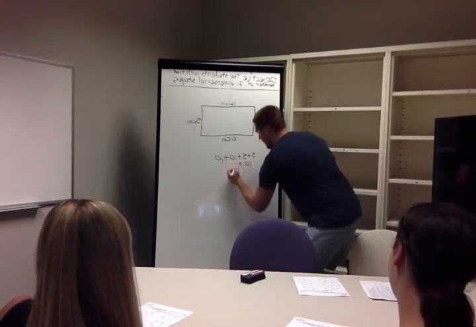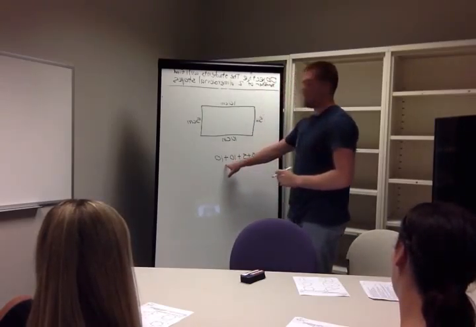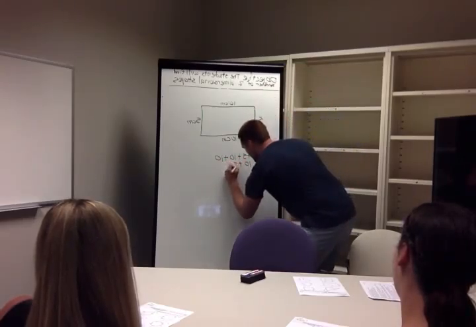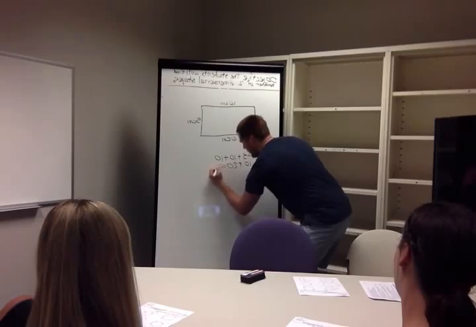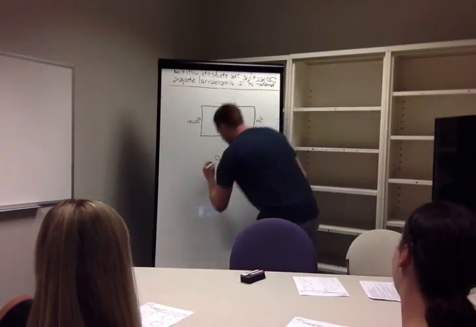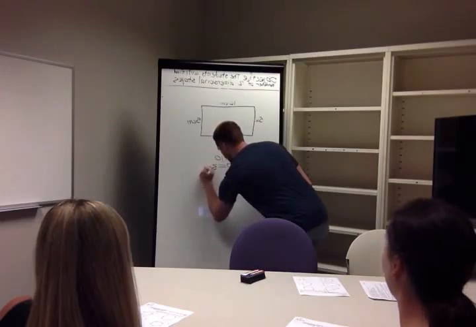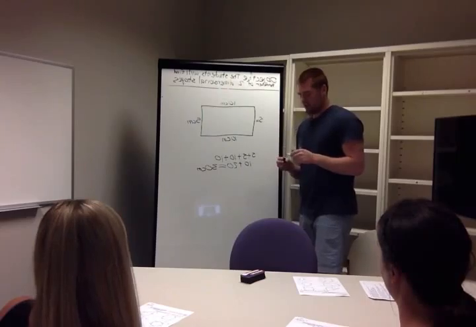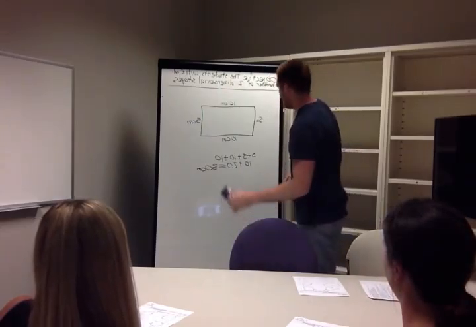Excellent. Plus, what's 10 plus 10? 20. Thank you. So if I did 10 plus 20, what would that equal? 30. Thank you, Hannah. Very nice. 30 centimeters, because we need to know what we're measuring, right? Good job.